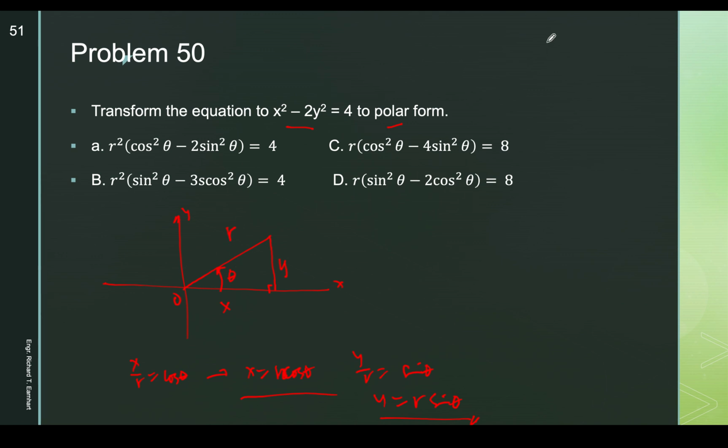If you want from rectangular to polar, then your r is the square root of x squared plus y squared, and of course theta is arctangent of y over x.